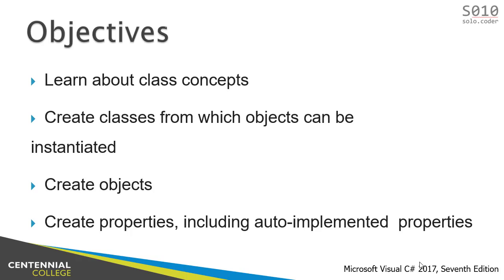So here's how I like to make a parallel between classes and objects and something outside of computer science. Classes are like a blueprint. What is a blueprint of a house?